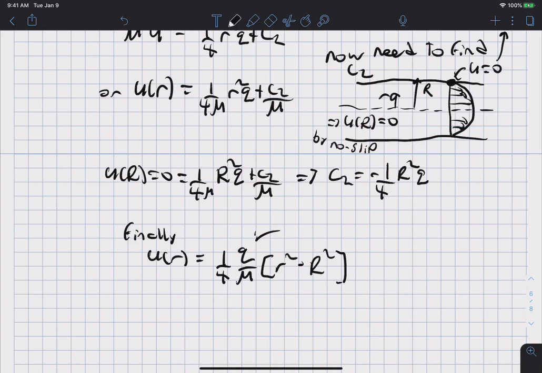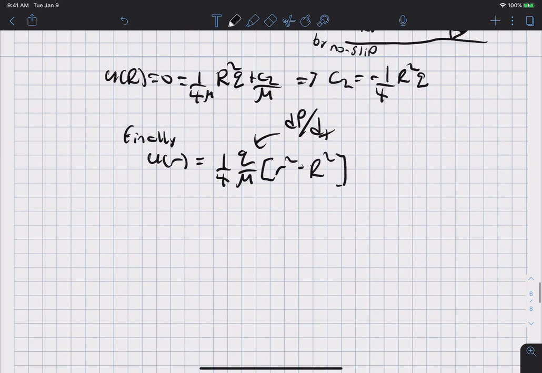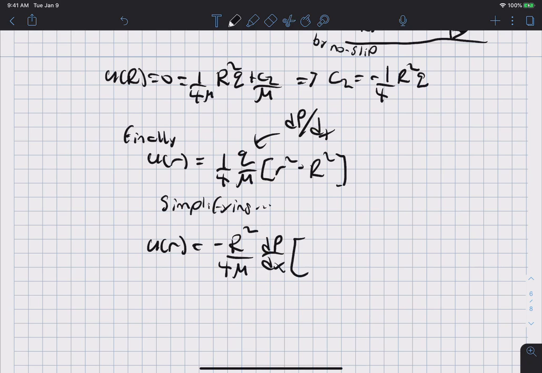Where again, remember that Q is just the pressure gradient, dP dx, and I'm going to do some simplifying. u of r equals minus capital R squared divided by 4 mu, times dP dx, times 1 minus (r over capital R) squared.